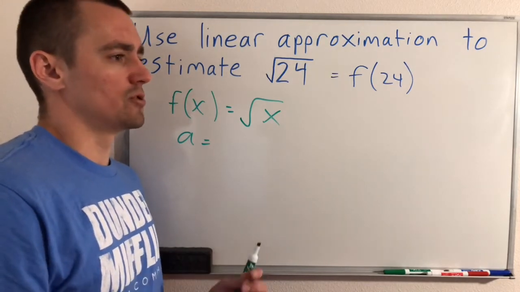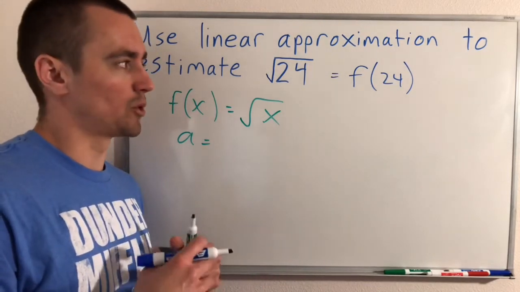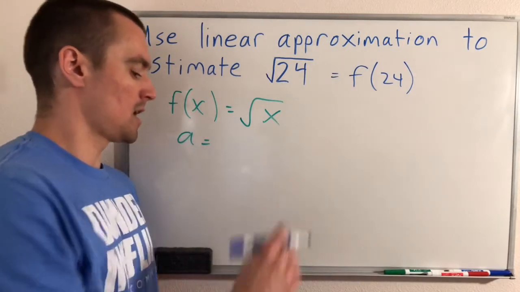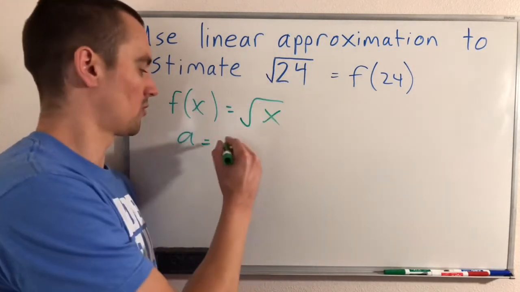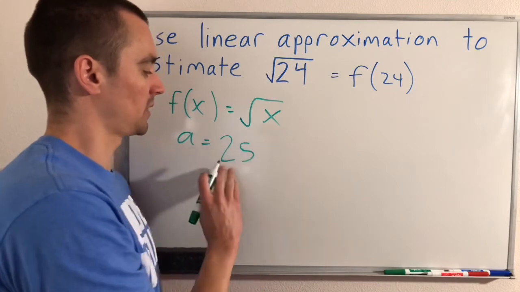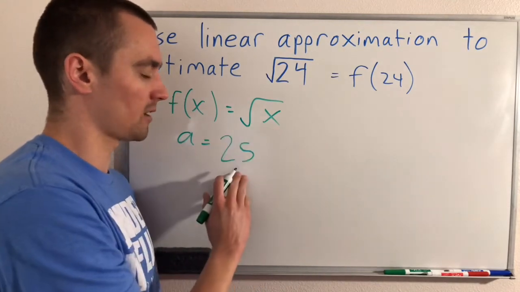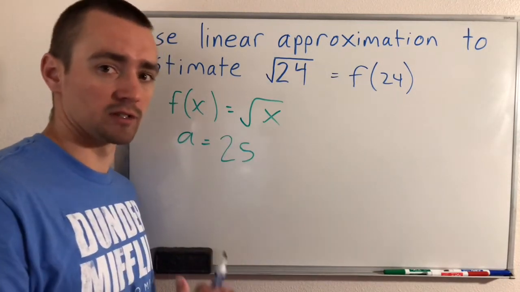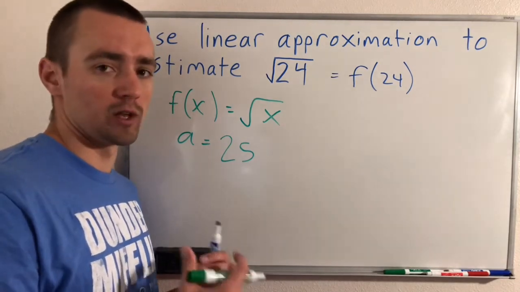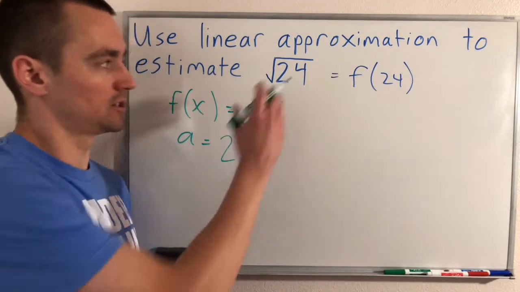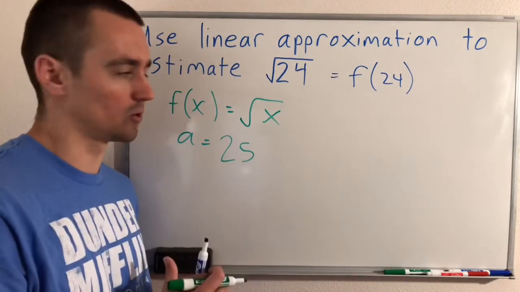So with that, you usually want to pick some sort of value that is pretty easy to plug into your function. And the closest value to 24 that would be easy would be 25, because if we take the square root of 25, that just gives us 5. That gives us a nice whole number that we can use to estimate, just one over from 25.